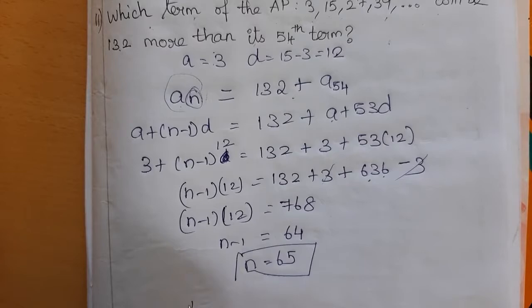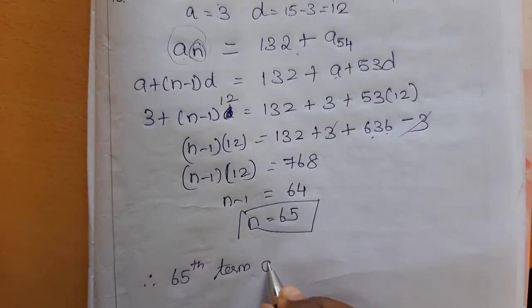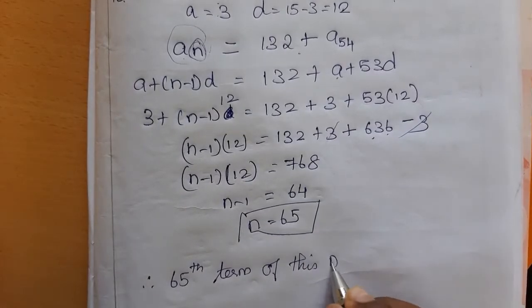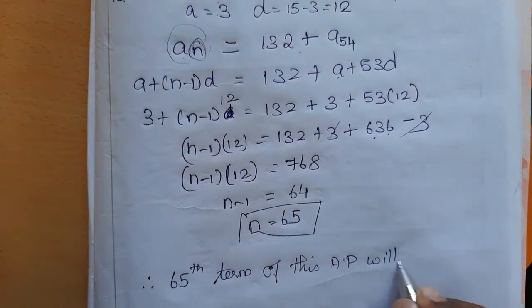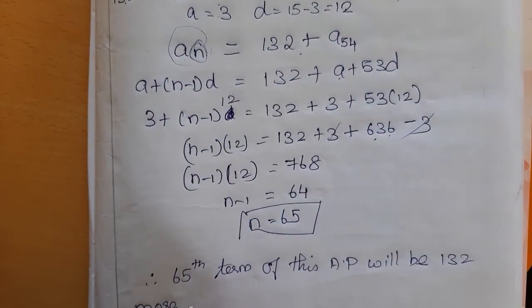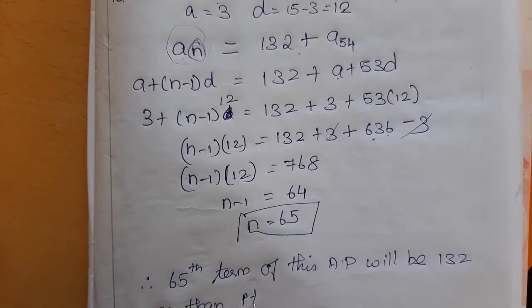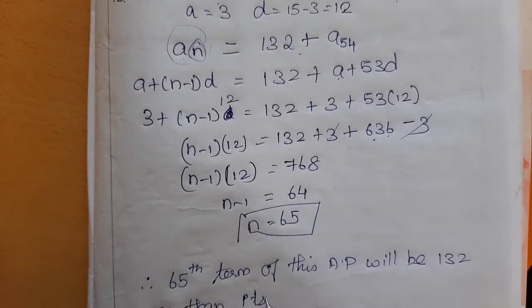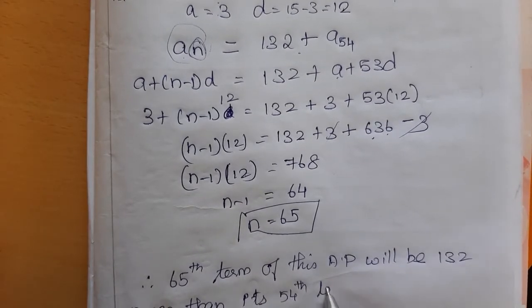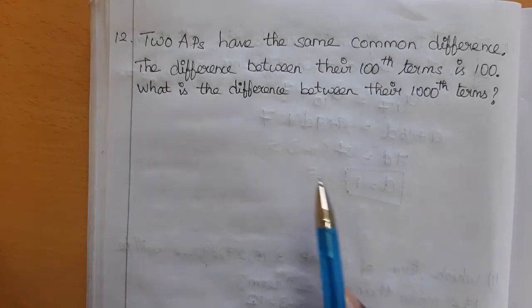Therefore, the 65th term of this AP will be 132 more than its 54th term. So here we go for the next problem.